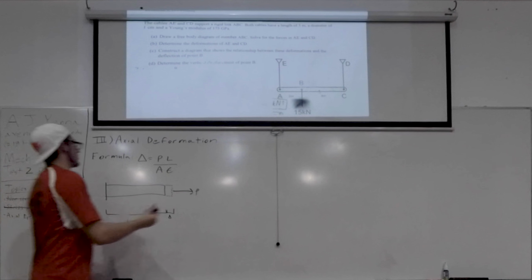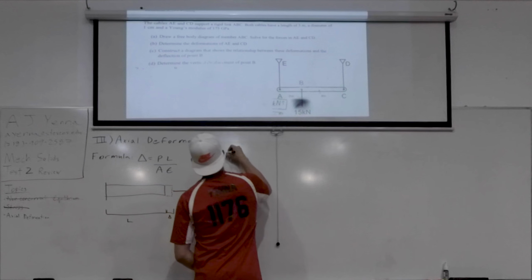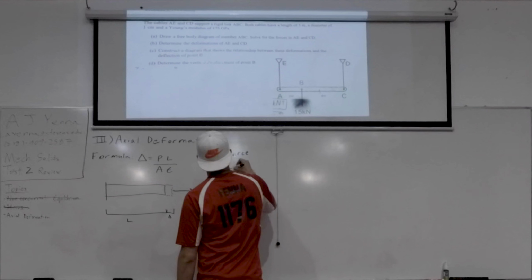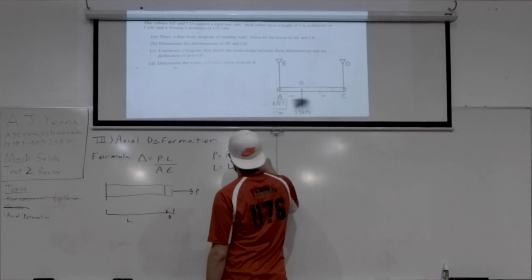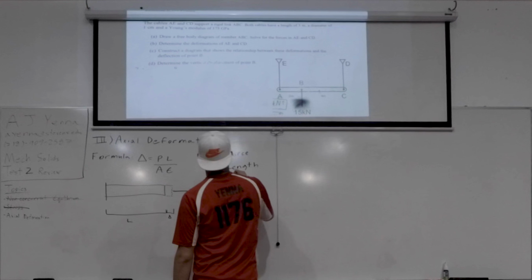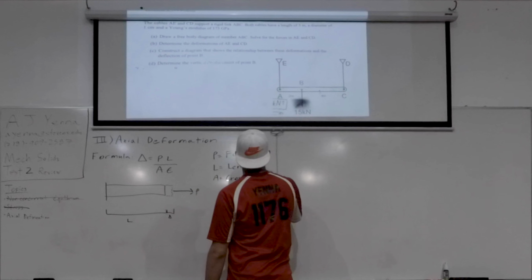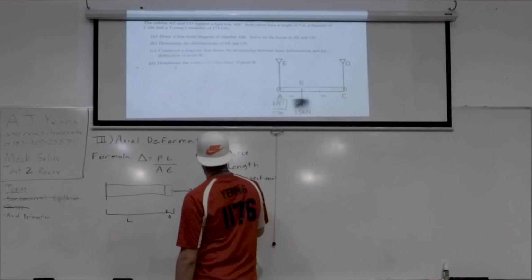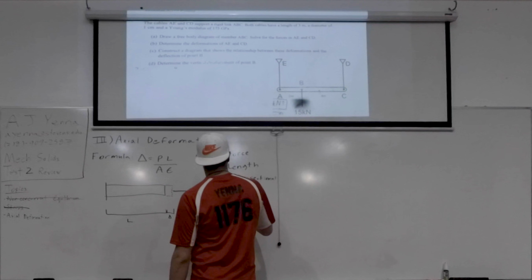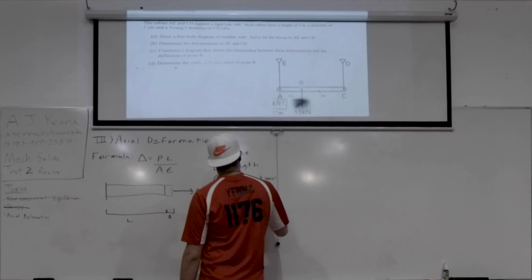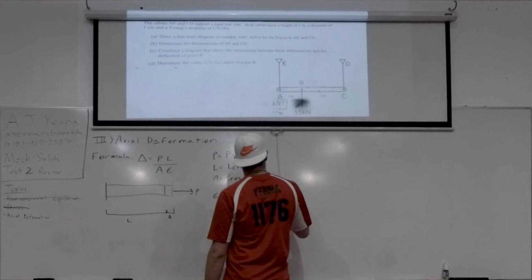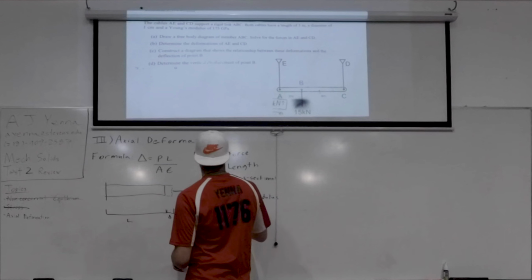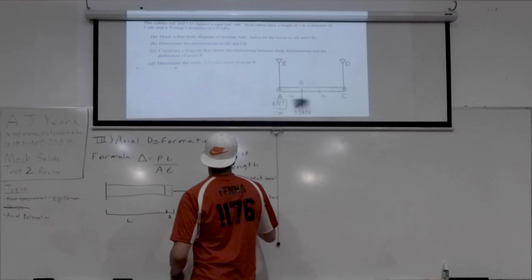So just to reiterate, P is the force in the member, L is the length, A is the cross-sectional area, E is Young's modulus, and delta is the deformation.